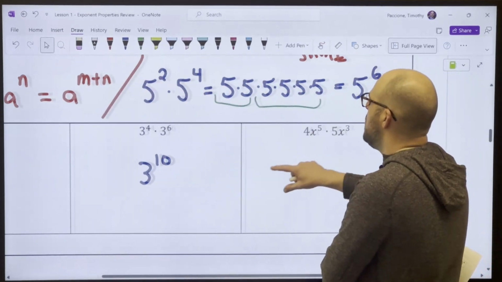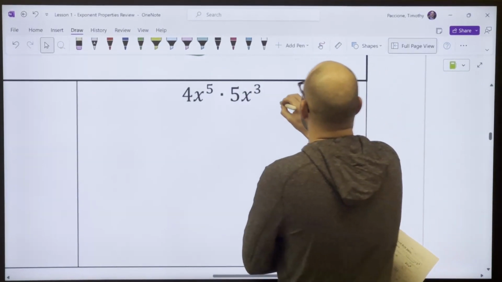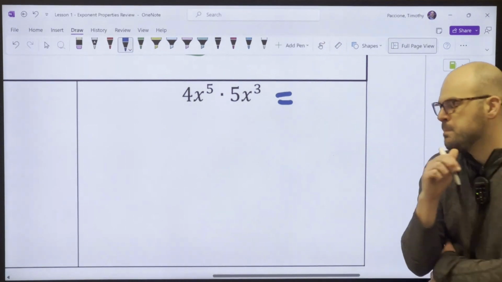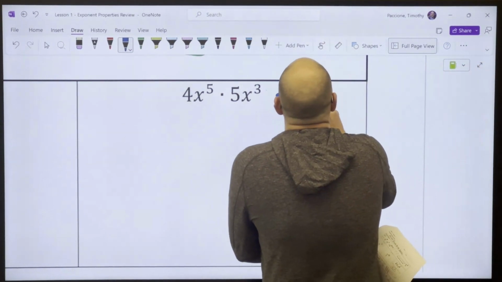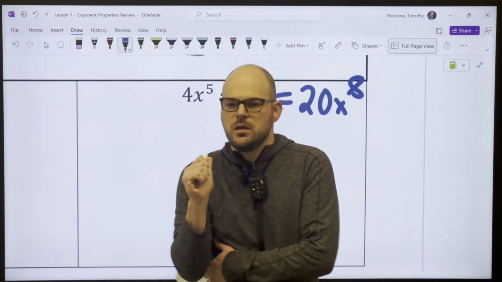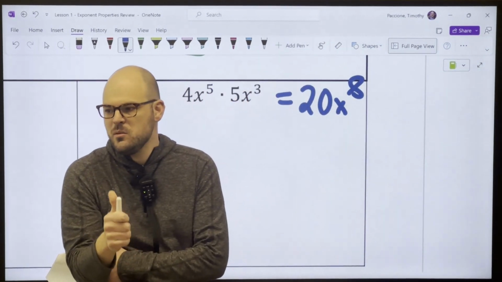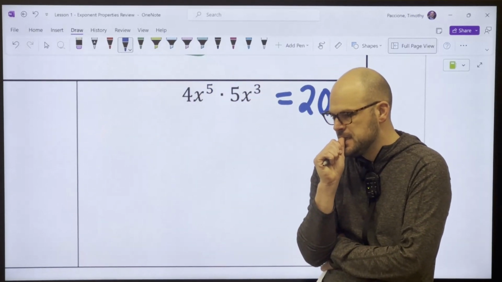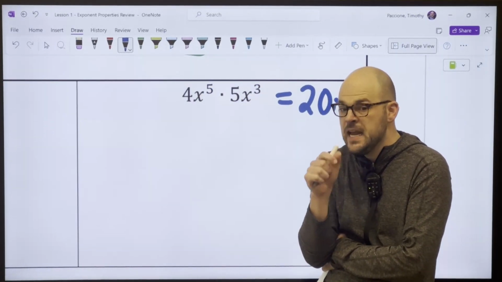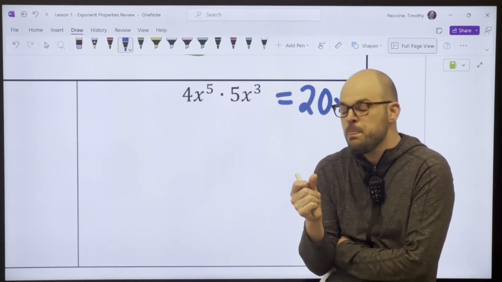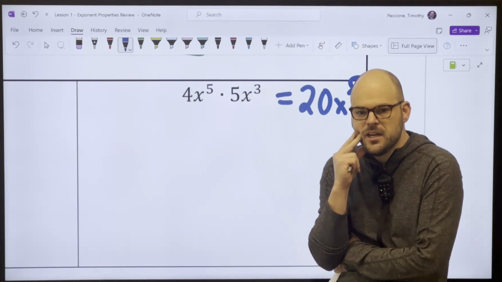Okay, this one. What do we think? 20x to the 8, right? What do you think the mistake that people might make here is? Yeah. You have to multiply. You have to do 20 to the power of 8. Right. And this is an example of like when you're in the middle of a problem and you're just going, you're not thinking, you're like, oh, when I have these, I add, and you add everything.